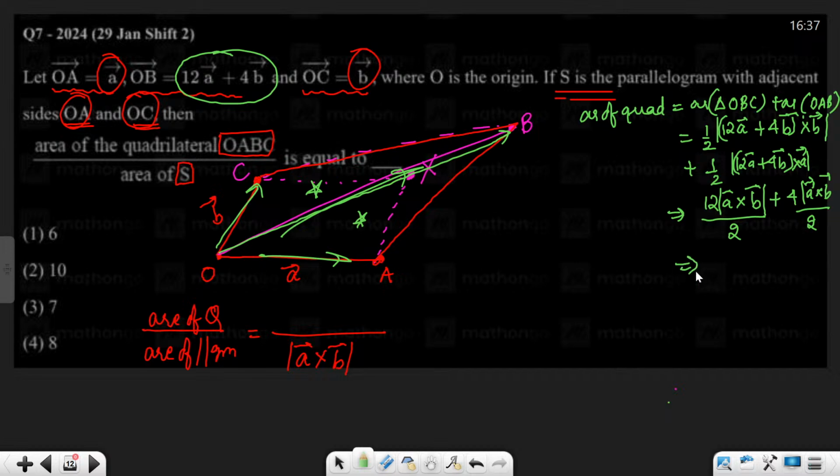So finally you are going to get 6 plus 2, 8A cross B. Correct? So this is your area of quadrilateral, 8A cross B.